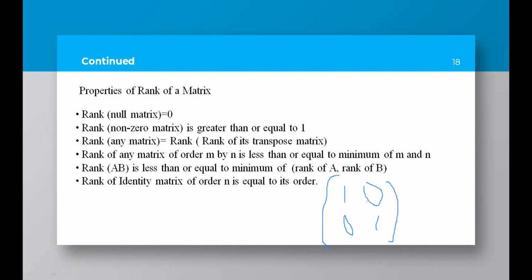Is the first row having a non-zero element? Yes, 1. In the second row, is it having a non-zero element? Yes, sir, 1. So how many non-zero rows? 1 plus 1, 2.